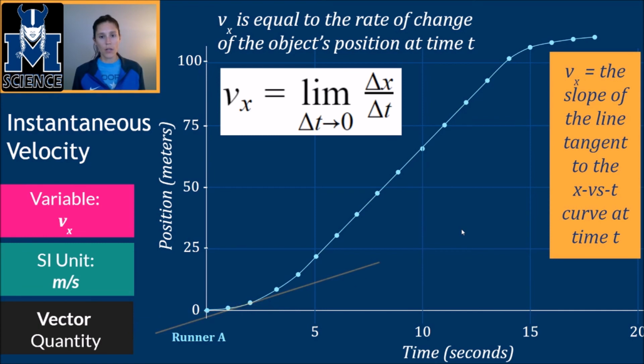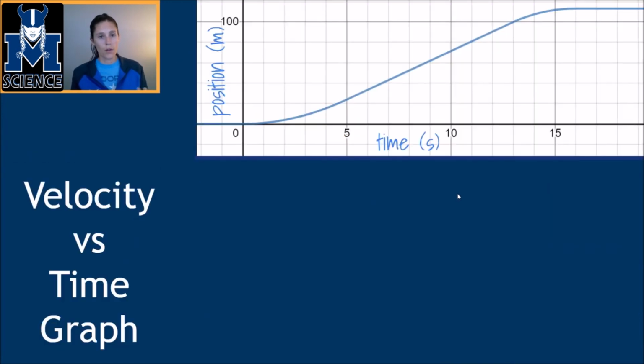I've shown here an example of going through a lot of these time points, figuring out what the tangent line is and what the slope of that tangent line is. That's our velocity. When you take calculus, you'll learn that that's actually taking the derivative, and you can get the equation for the velocity graph.